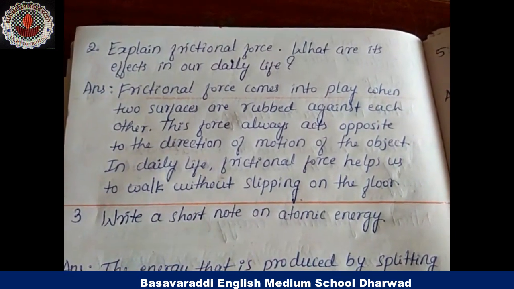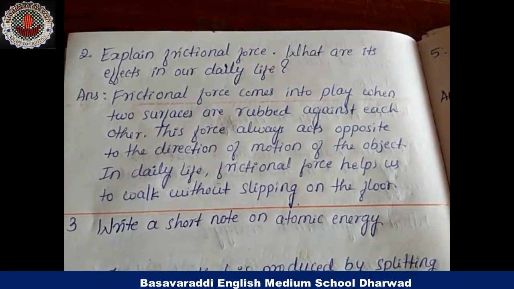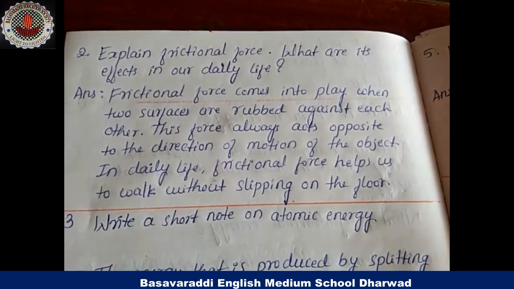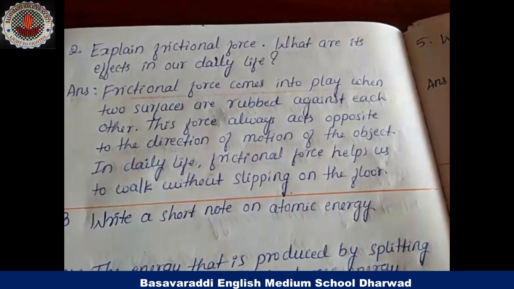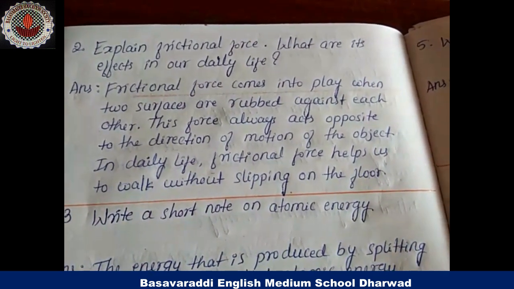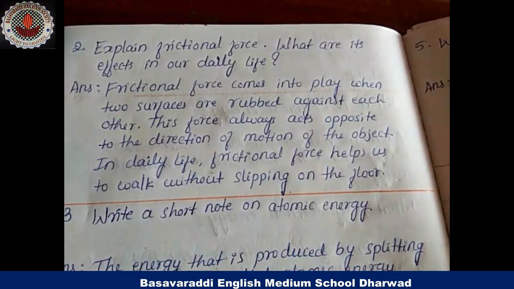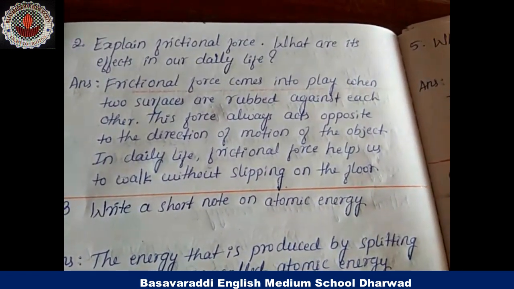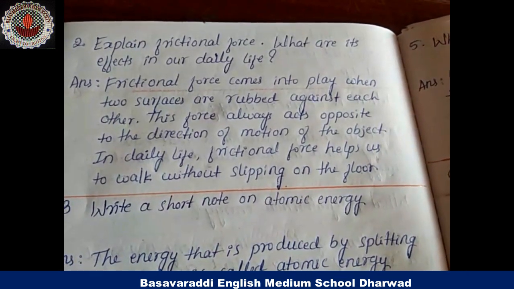Next, second question. Explain frictional force. What are its effects in our daily life? Answer. Frictional force comes into play when two surfaces are rubbed against each other. This force always acts opposite to the direction of motion of the object.